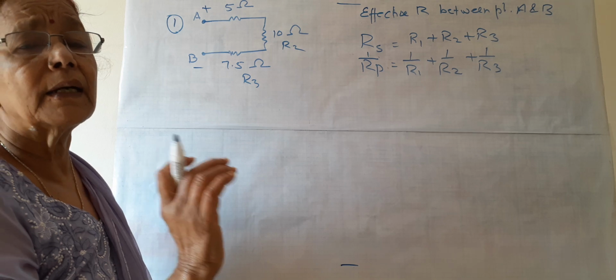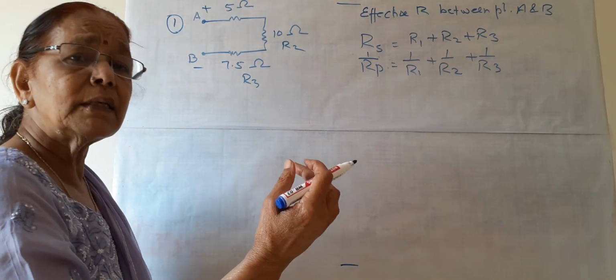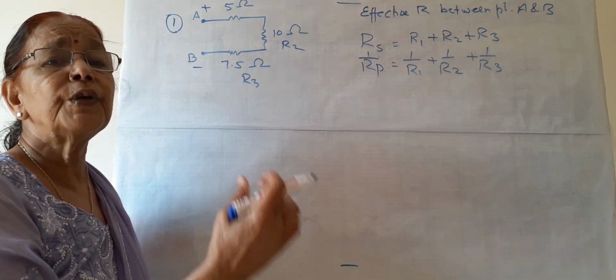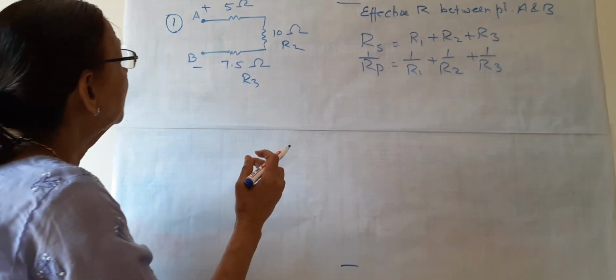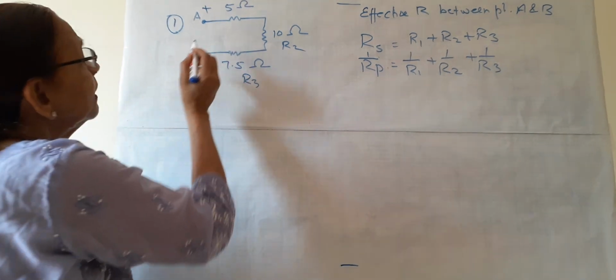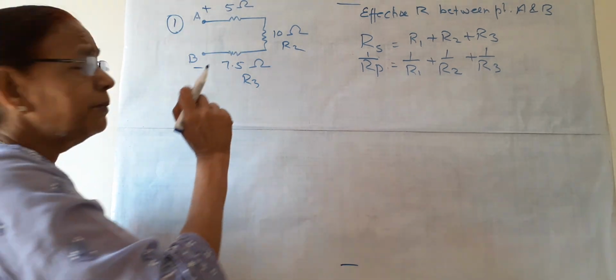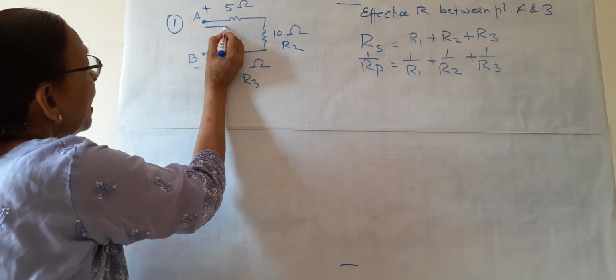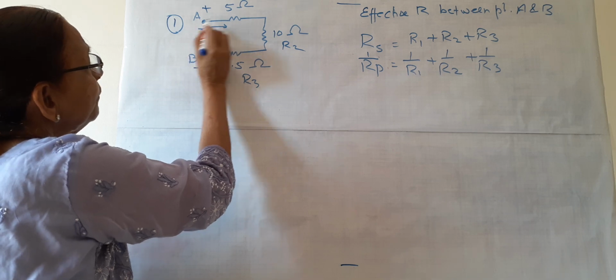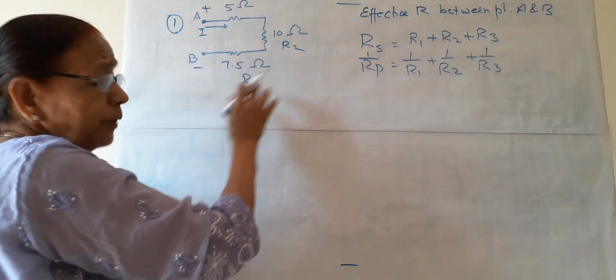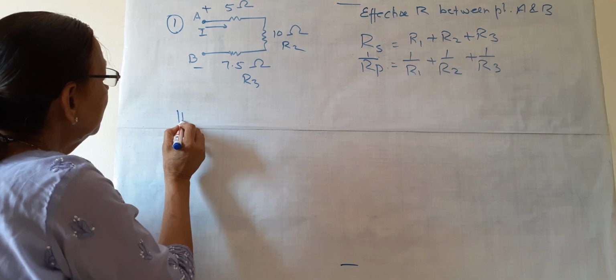So this is the most simple one. How will we recognize which resistance is in series or which in parallel? So for this we will see the direction of the current. This is the positive terminal. Suppose current I. It will go from positive to the negative in a battery.